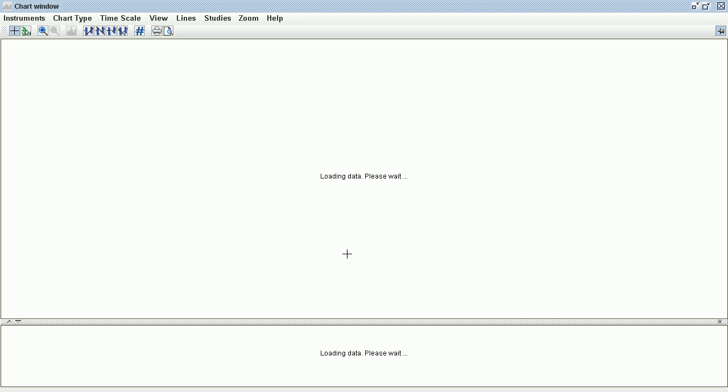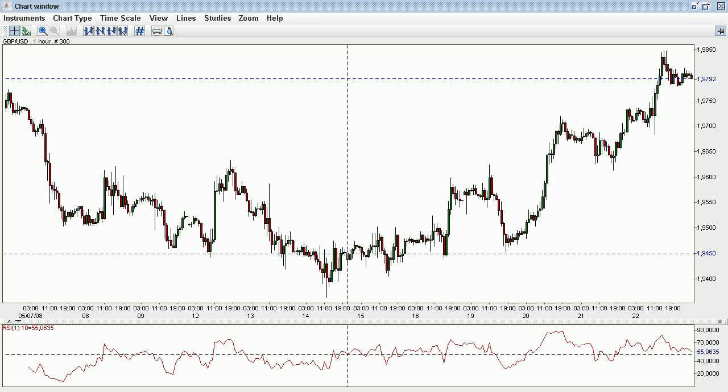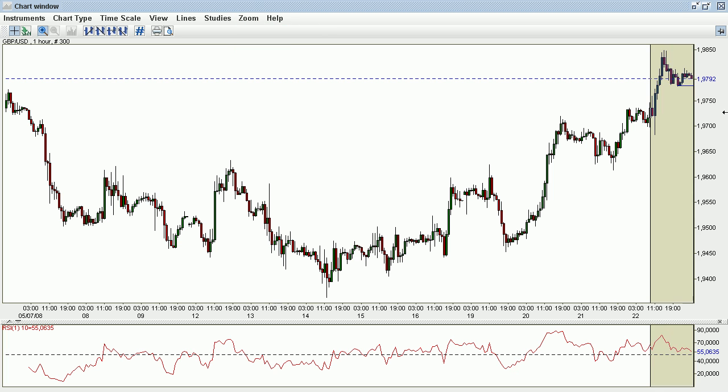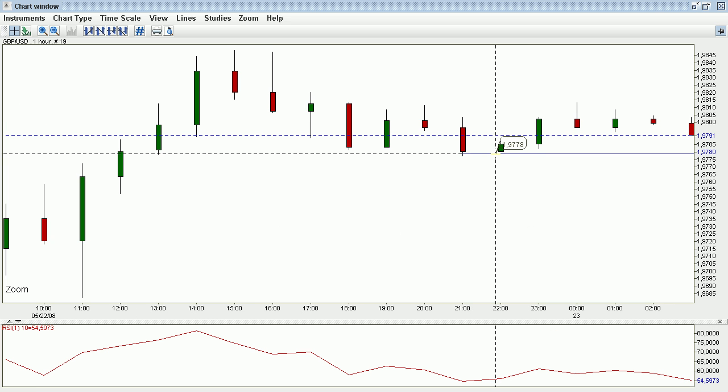If you go to the British pound US dollar currency pair, what I can advise you here is that you wait, and if you see a close below this support level, our closest support level, the low value here of 1.9780, just 11 pips down the way.